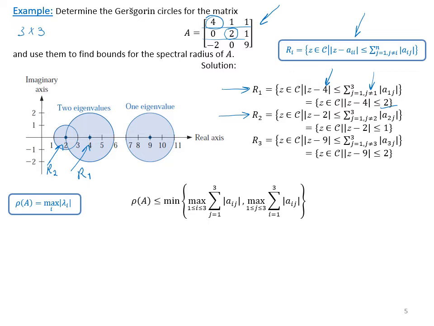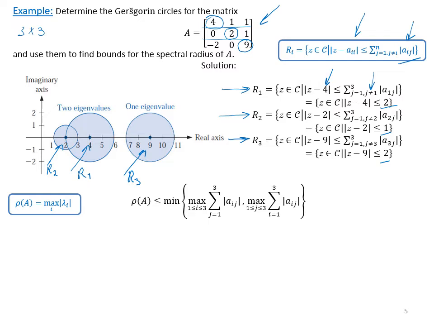It's 0 and 1, which means it's 1. And the third circle, it's here, R3. Center at point 9. And again for the radius, we should sum up all remaining elements. And do not forget, take absolute values of these elements. And we will have 2.